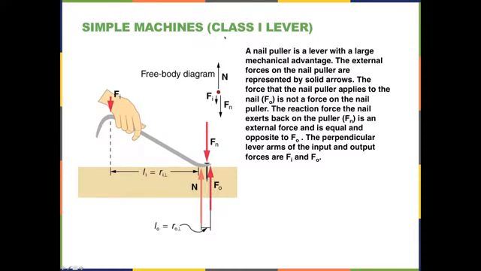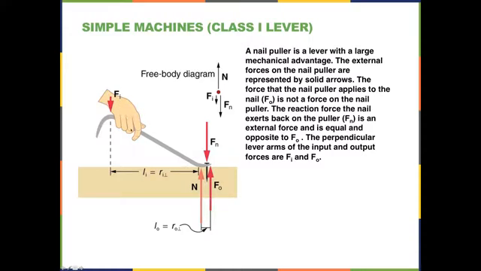Now here's a nail puller, and this is an example, and we're going to start talking about simple machines now. This is an example of a first class lever. A first class lever is where one force is on one side of the pivot point, and the pivot point's right here where this arrow is, and the other force is on the other side.